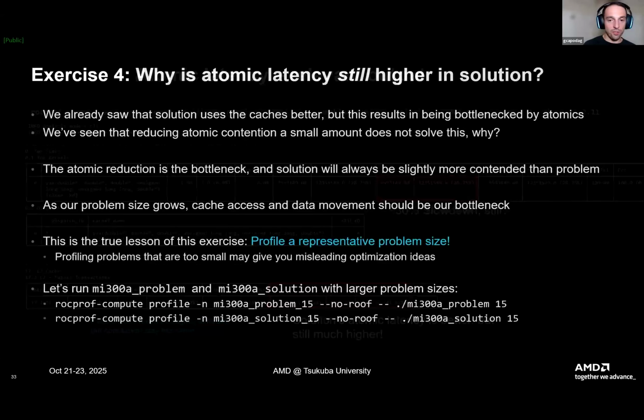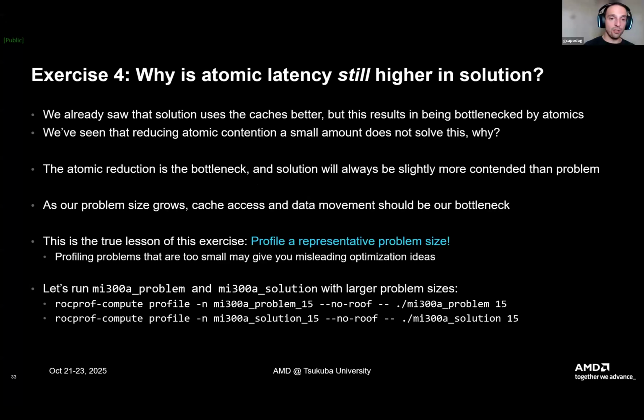So the solution for that was actually to use a bigger size for the problem. And this is kind of what I was thinking about the other day when people asked me about OpenMP versus HIP. Why was OpenMP faster?